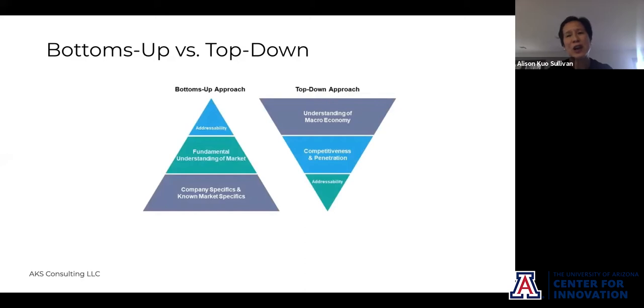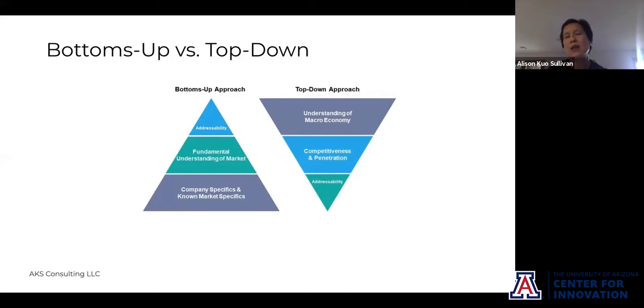But in a nutshell, top down is really taking your total market share and whittling it down. What ends up happening with that is you start to get broad brush data, and then you start applying some market assumptions to it, where you can really carve it down to which part of the market you're actually addressing.